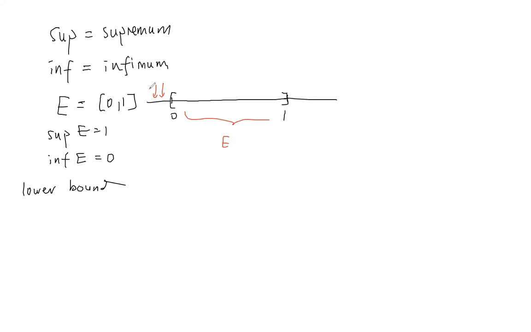The lower bounds will all be here, all the values that are smaller than the smallest member in E. What are the possible lower bounds? -1, -2, -3, -1.5, whatever. Any value on this side can be a lower bound. But then we want to find the largest among the lower bounds.